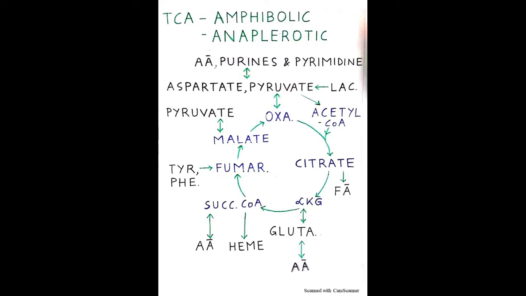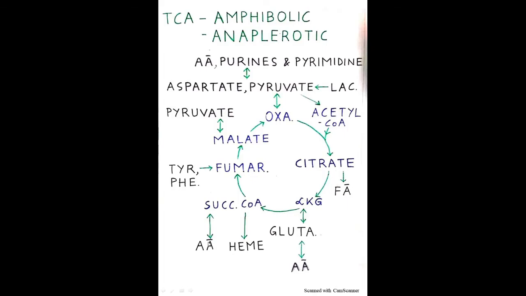Similarly, Krebs cycle has both anabolic and catabolic roles. As you can see in this diagram, from citrate, fatty acid can be synthesized. From alpha ketoglutarate, glutamate can be synthesized, and so on. So these are the anabolic roles of Krebs cycle.